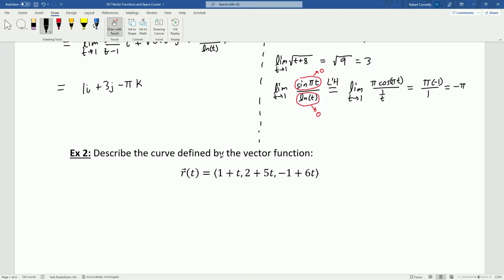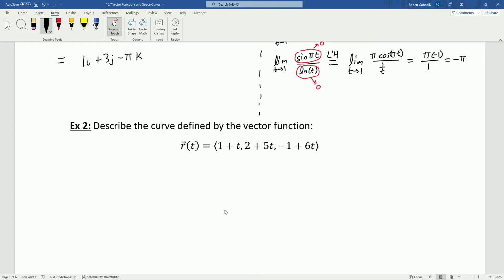So now let's take a look at this curve. Describe the curve defined by the vector function. So basically, we just want to make sure that we're able to identify some common basic vector functions. And in this case, this looks like exactly what we expect for the vector function description of a line. So this is the line that passes through the point 1, 2, -1.